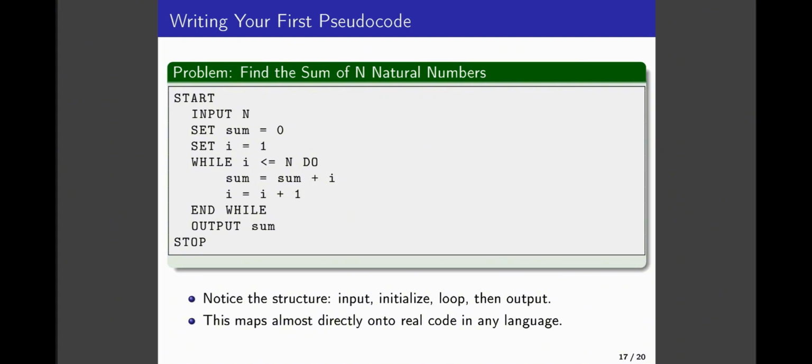Once that loop ends, we output the sum and stop. And the structure here is input, initialize your variables, loop, then output. So this is a pattern we will constantly see once you start writing real code. And pseudocode lets us plan it out clearly before we touch any actual syntax.